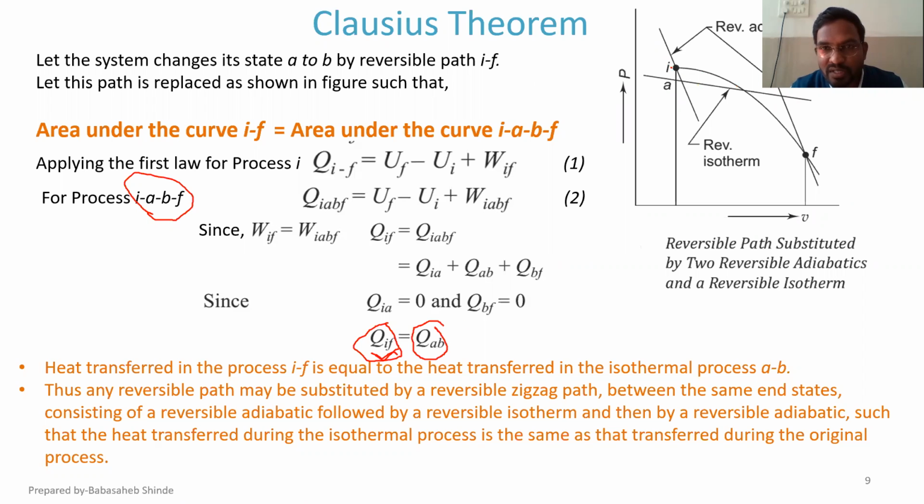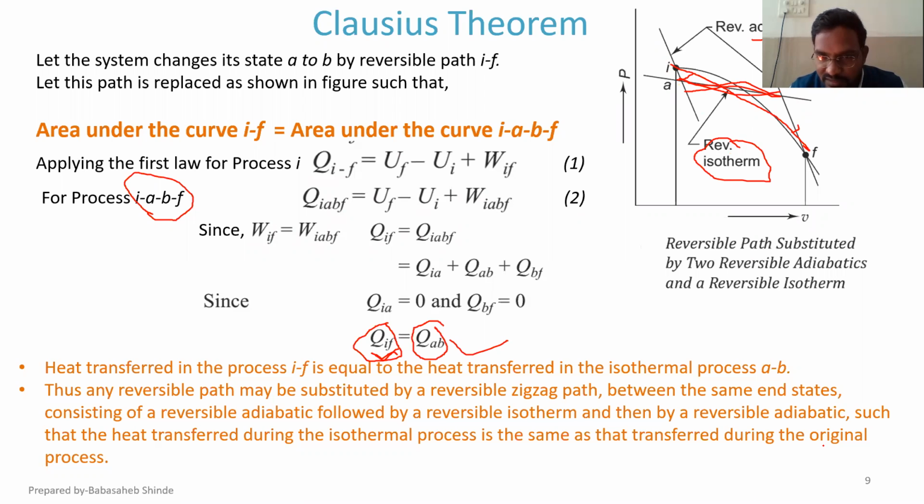Out of that, IA is adiabatic, BF is adiabatic and AB is a reversible isotherm. So if the heat transfer during the original process and during the isothermal process of the replaced path is the same, then we can replace any reversible process with this zigzag path.